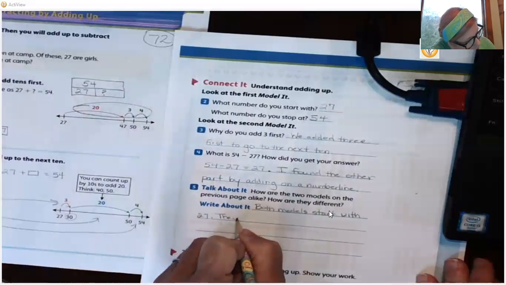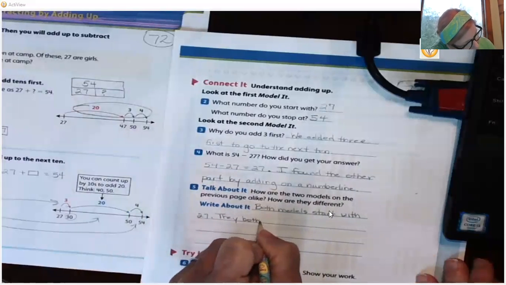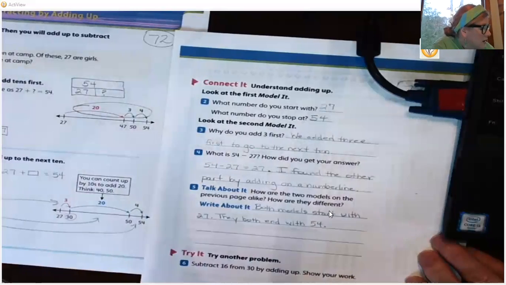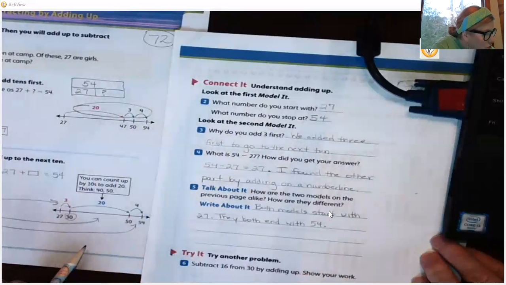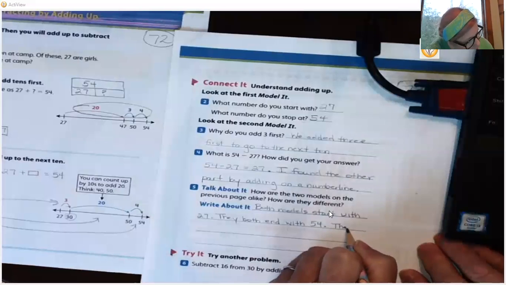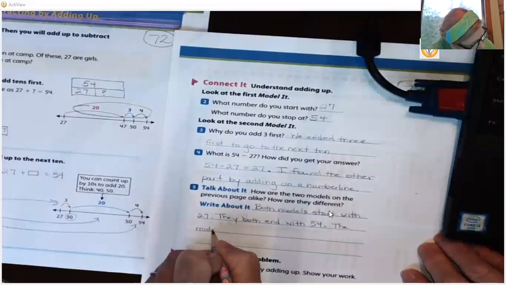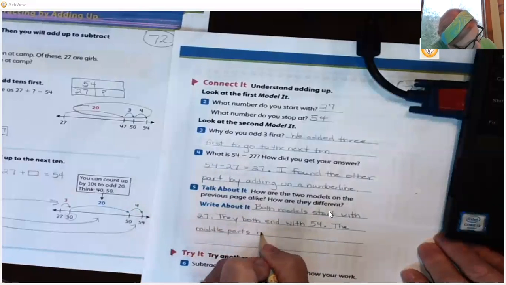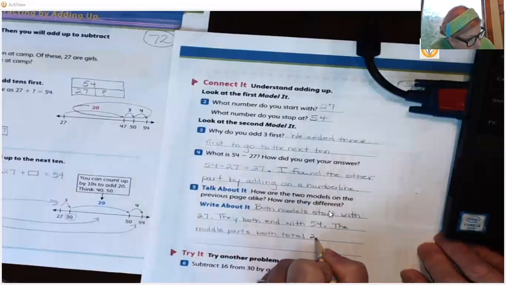They both end with 54. Then what about the part in the middle? Is it the same? So the middle parts both total 27.